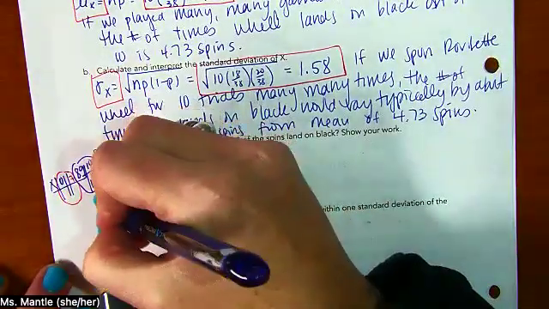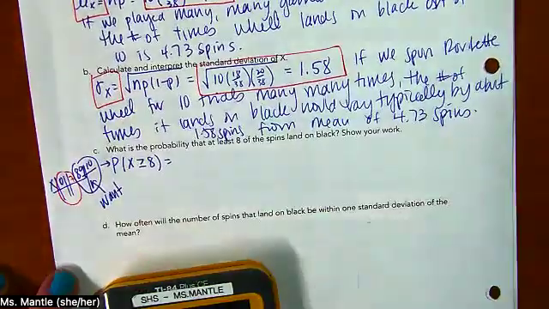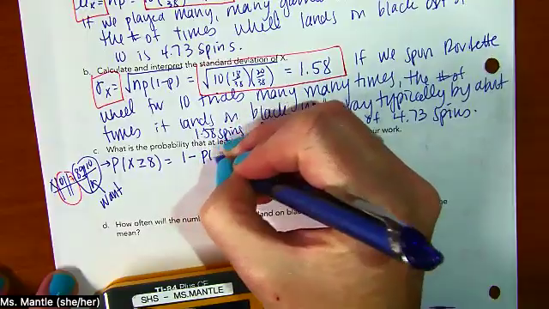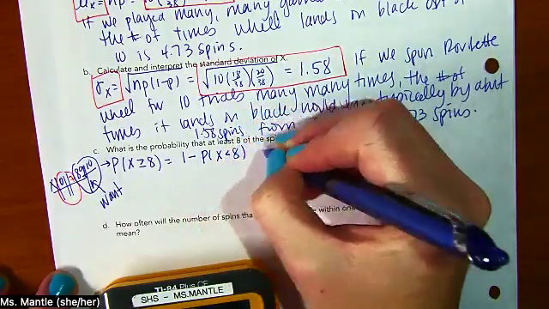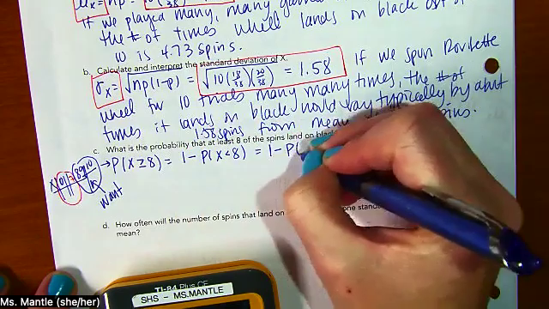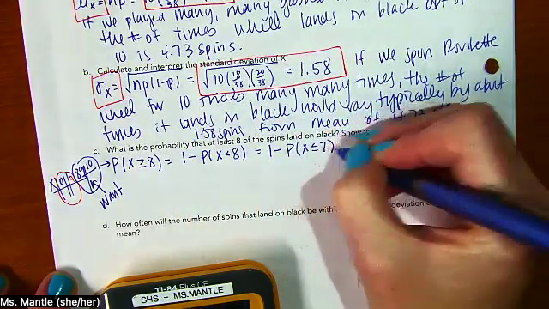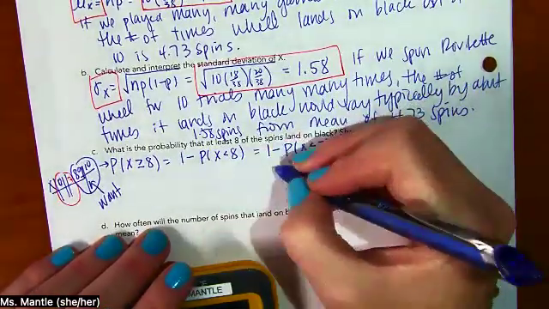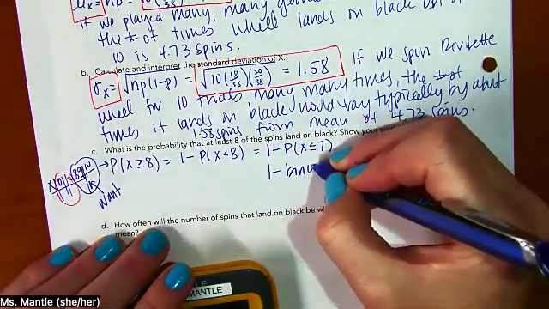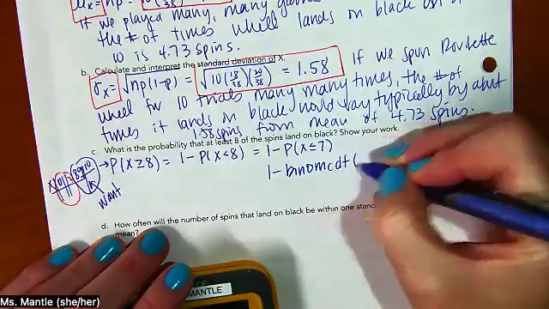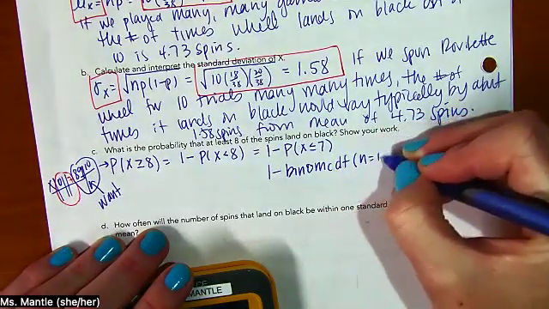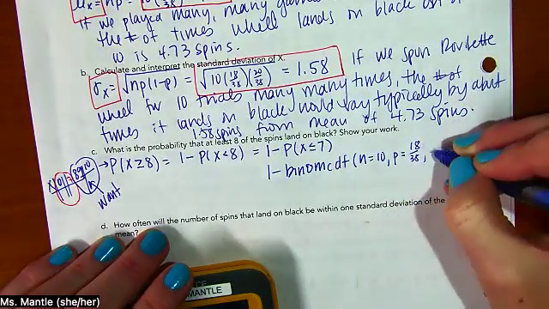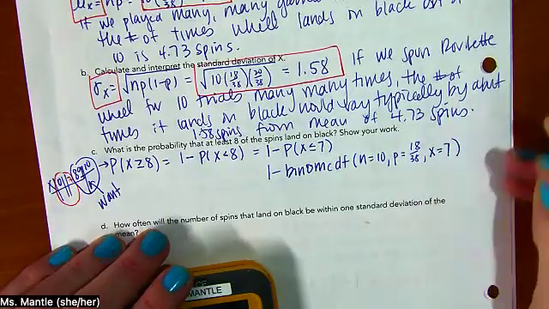This is what we want, but I can't do that explicitly. So this is the same thing as 1 minus the probability of x less than 8, aka 1 minus the probability of x less than or equal to 7. So 1 minus the binomCDF, where we have n equals 10, p equals 18 out of 38, and x equals 7.